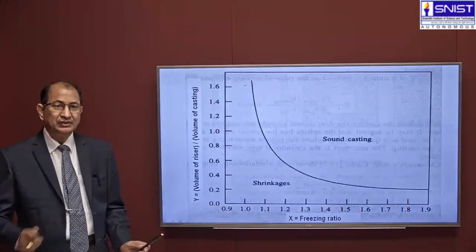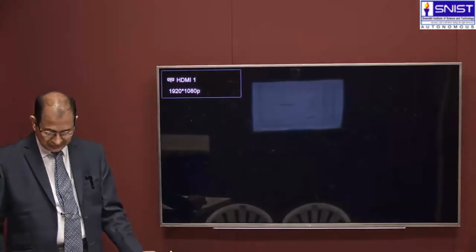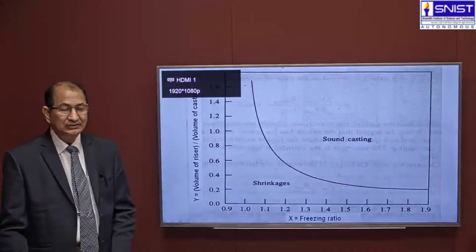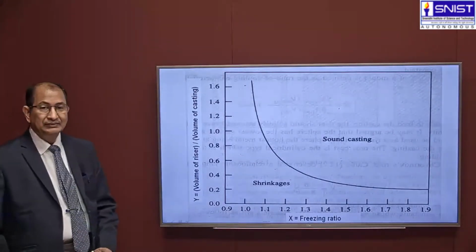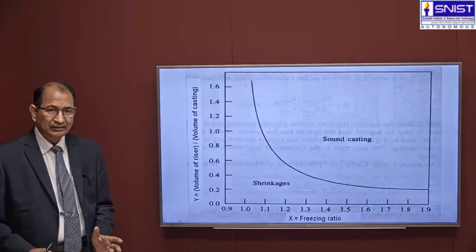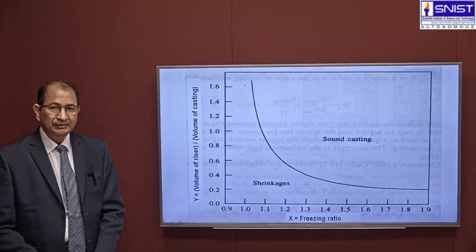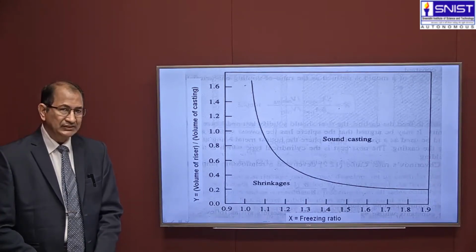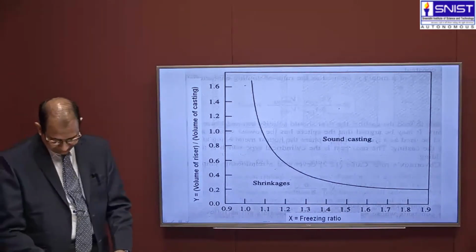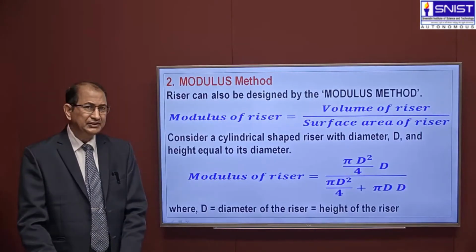Essentially we are going to assume that the height of the riser and the diameter of the riser are the same, equal. So from this we can always calculate for a sound casting what should be the volume of the riser. So this is the Caine's method.